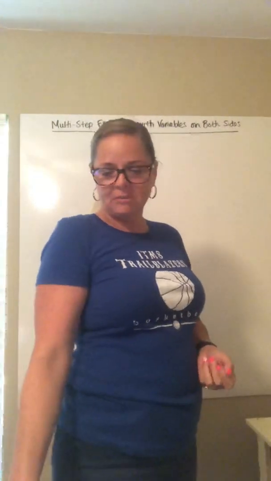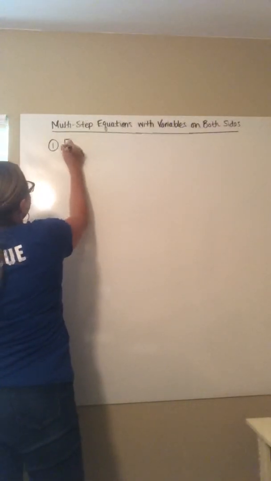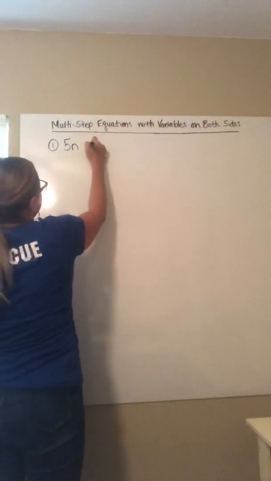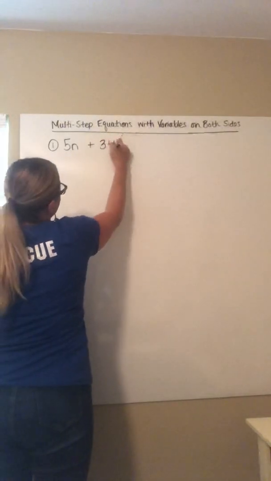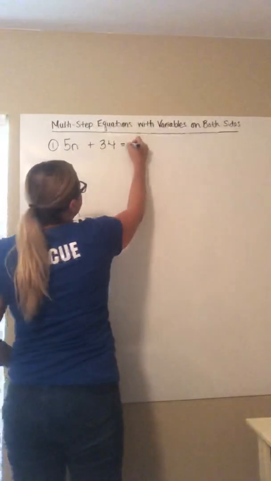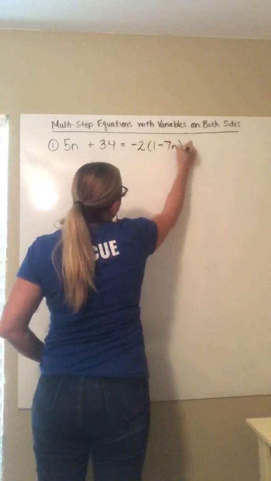Our first problem is going to be 5n plus 34 equals -2 times 1 minus 7n.